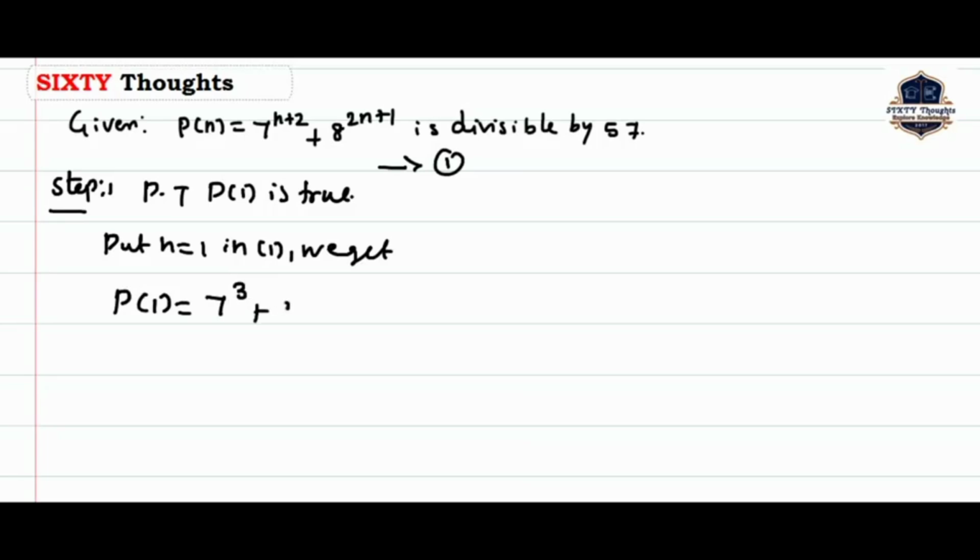P of 1 equals 7 power 3 plus 8 power 3. What is 7 power 3? 7 power 3 is nothing but 343. 8 power 3 is nothing but 512. If we add these two numbers, we get 855.